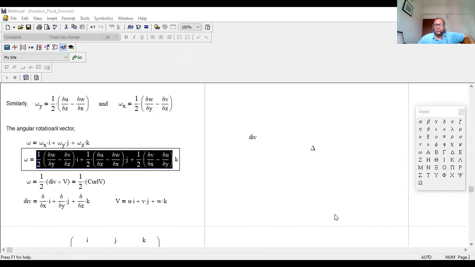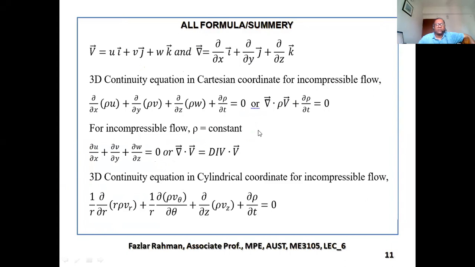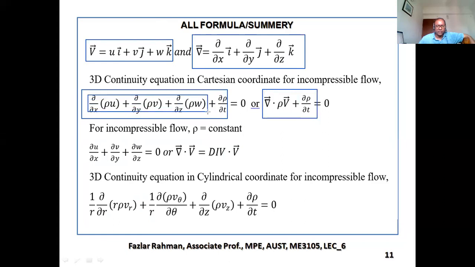So let's go back to our slide. This one we already derived. Now we just summarize some equations over here, that this is the vector component of velocity. This is the del operator. You learned this from math. What is our continuity equation? This one. In short form, this one, because this is equal to this one.